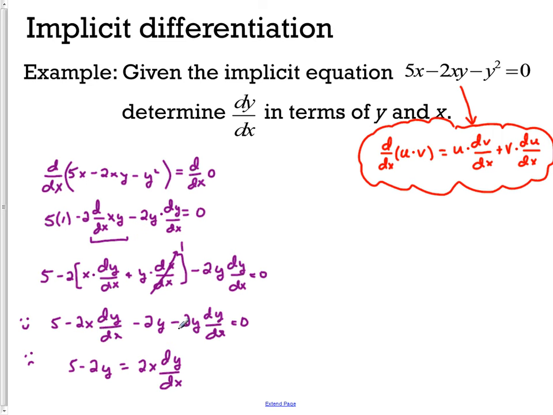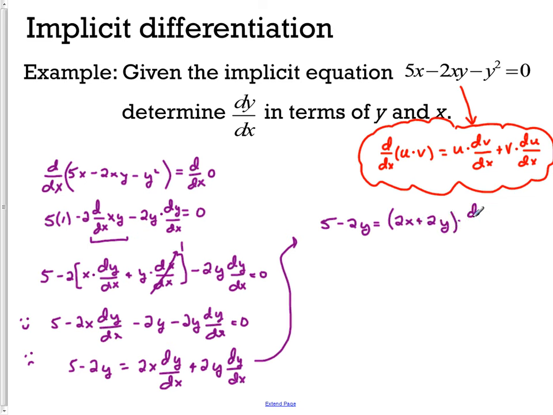And I'm going to add the 2y times dy dx, and dy dx is a common factor to both of these terms. So rewriting it a little bit, 5 minus 2y is equal to the quantity 2x plus 2y times dy dx.